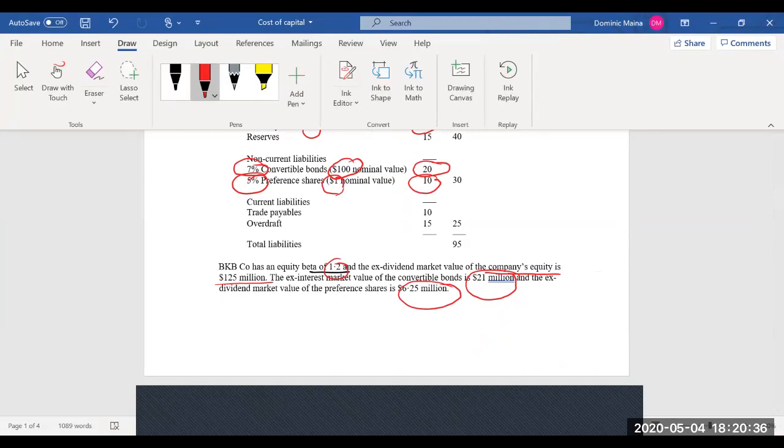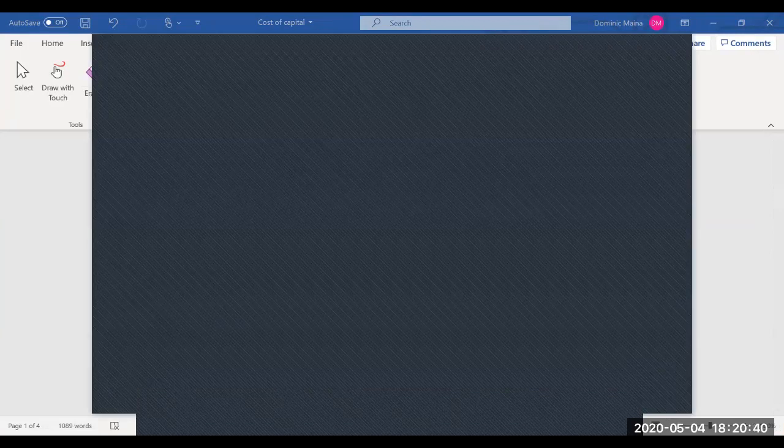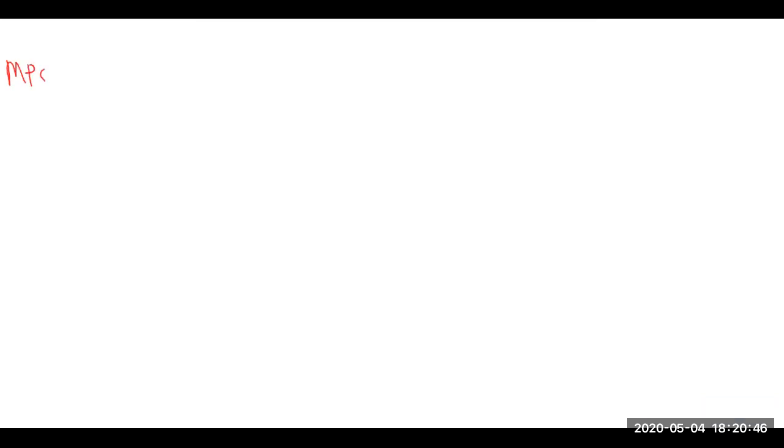Therefore, having known the number of preference shares issued, the market value per preference share is equal to the total market value of 6.25 million, divided by the number of preference shares issued, which we have just obtained to be 10 million.